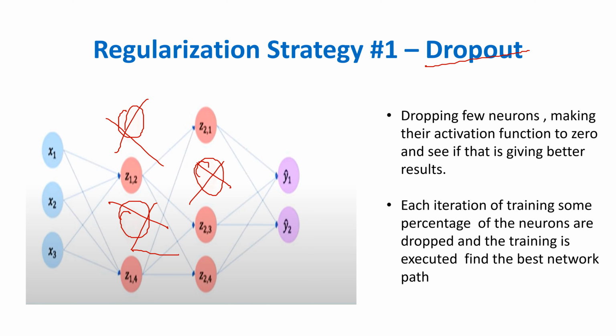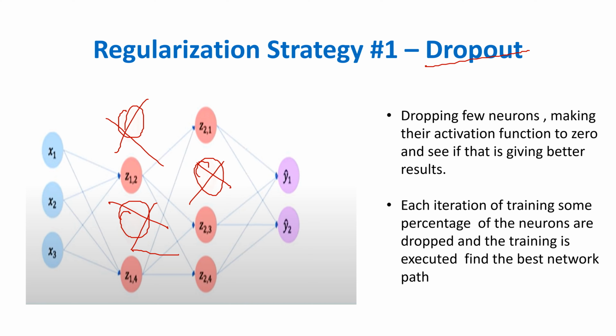We can set their activation function value to be 0 and do the training, and see what the actual loss thrown by the network is, and whether it is performing better. Maybe in the first iteration we select a few percent of neurons, and in the second iteration we select some other neurons, choosing different parts of the network and seeing which works out for us. That is the dropout strategy. We call this regularization.